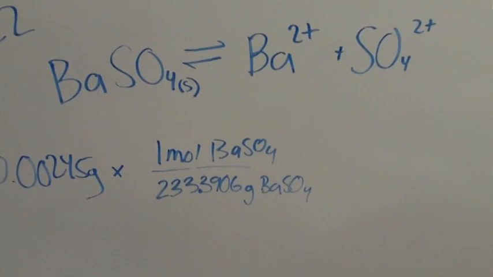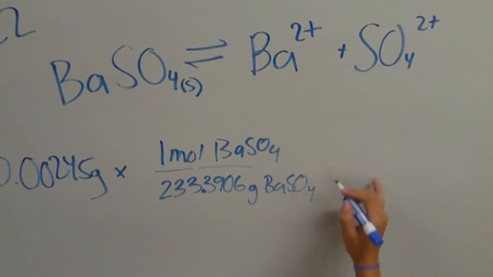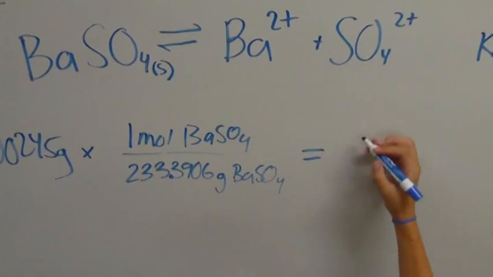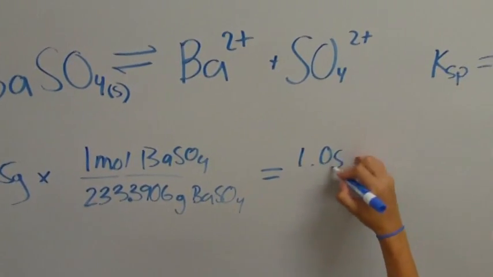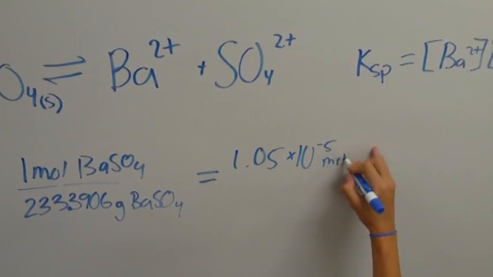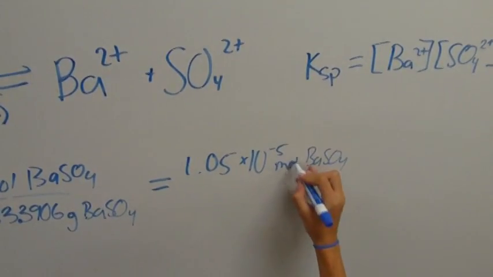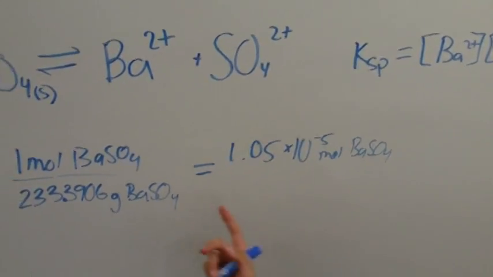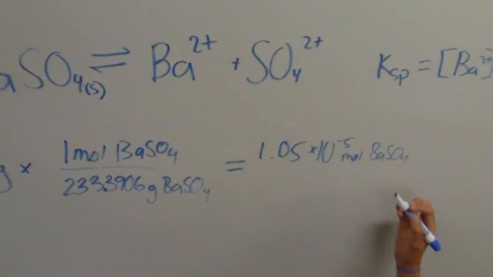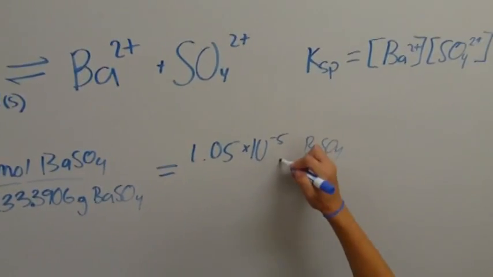It's pretty large. So that gives us our moles, which we end up with 1.05 times 10 to the -5 moles of barium sulfate, and they already told us that that was how many grams in 1 liter. So this is moles in 1 liter, so this is really just our molarity.